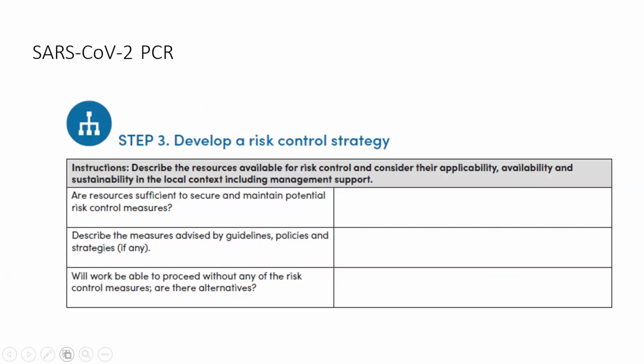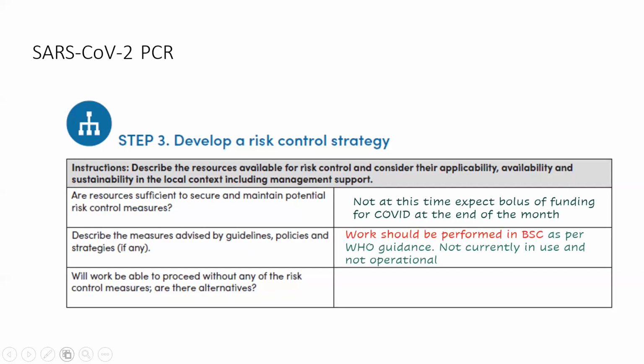So now they develop a risk control strategy. It seems that they need one with a medium risk. Are the resources sufficient? This was their problem, not at this time, but they do expect a bolus of funding for COVID at the end of the month. So it's quite possible that they get this COVID funding and are able to get the supplies they need.